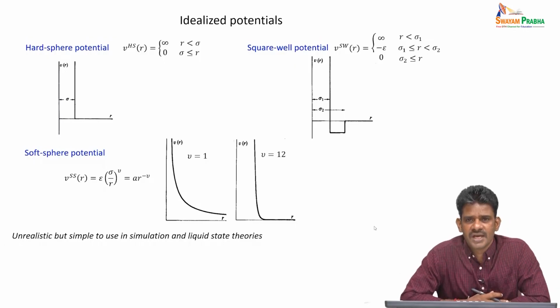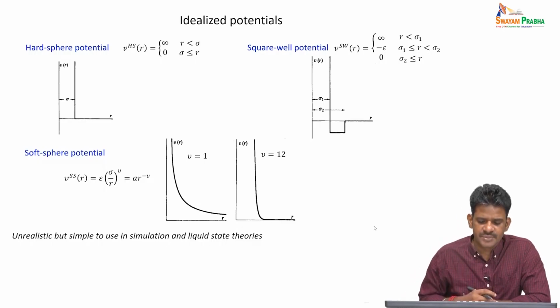About potential analysis, idealized potentials are not really realistic for representing physical systems, but they serve a very good purpose for doing a rough or approximate calculation, so that these models can be used to get properties as well as to compare with theoretical results. Especially when you are looking at coarse-grained simulations, these idealized models serve as a basis.